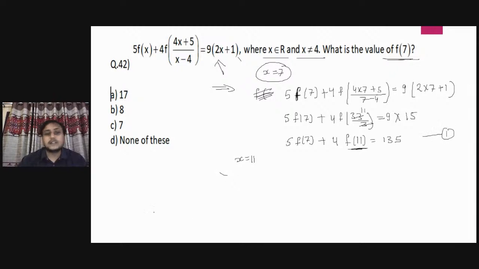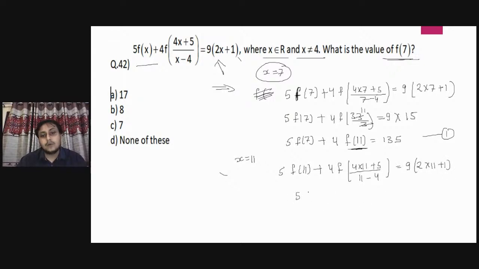So this is equation 1. Put x equals to 11 in this one. What will we get? 5 of f11 plus 4 of f of (4 into 11 plus 5) upon (11 minus 4), and this equals 9 into (2 into 11 plus 1).